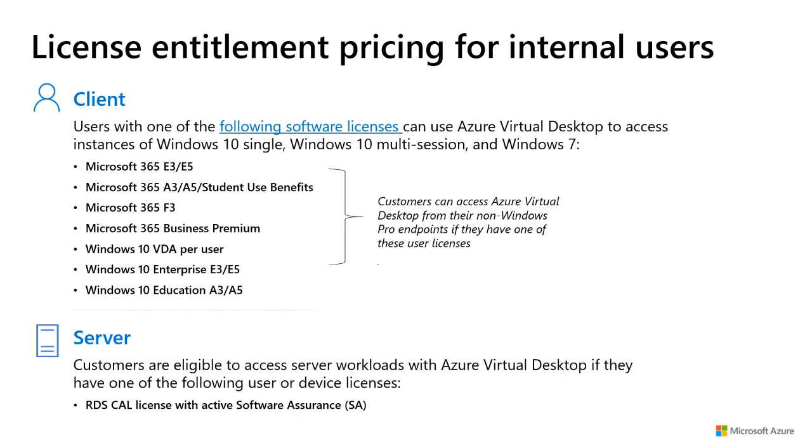For example, customers can access virtual desktop from a Windows Pro endpoint if they have Microsoft 365 E3, E5, Enterprise, A3, A5, student benefits, or if they already have Windows 10 VDA.